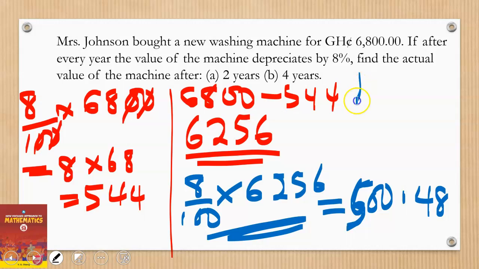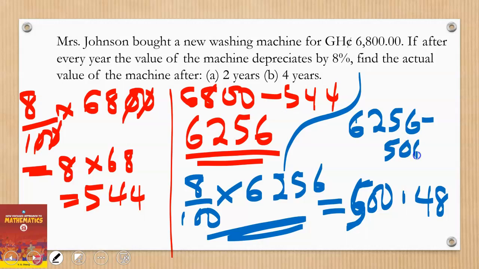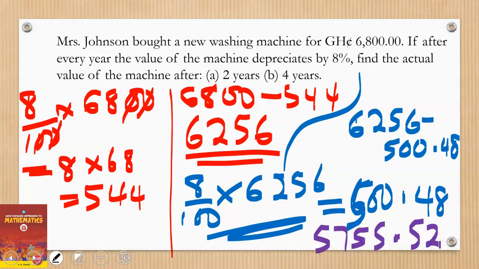Now when we do subtraction once again, 6,256 minus 500.48, we arrive at the final answer after 2 years, which of course will be 5,755.52. So this will be the final answer.